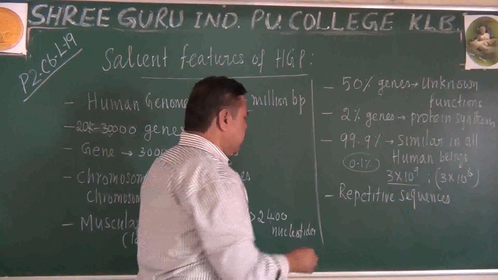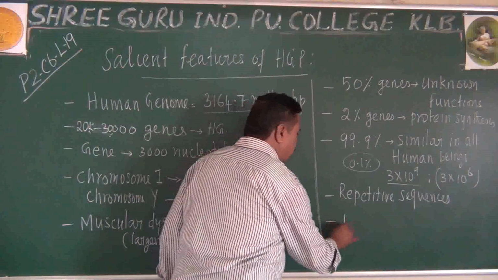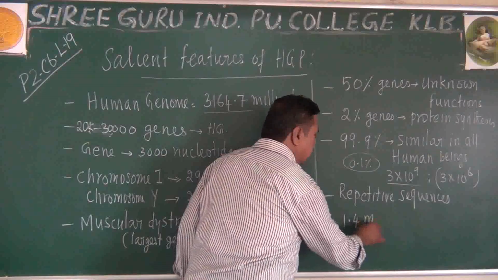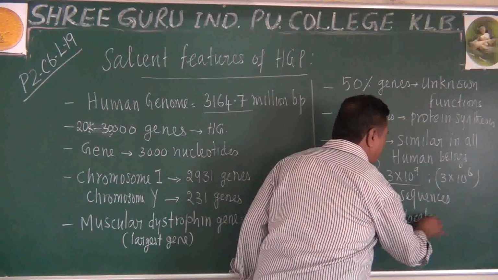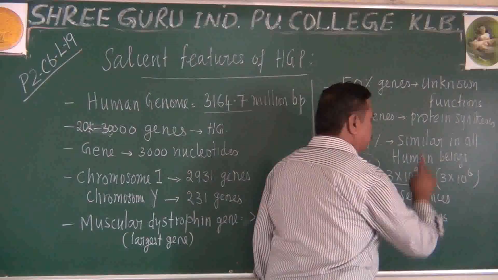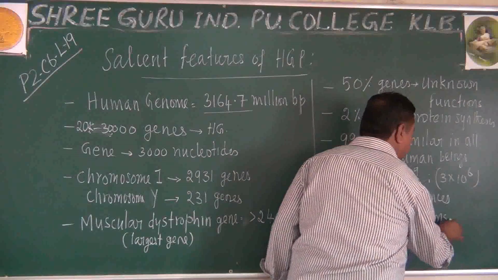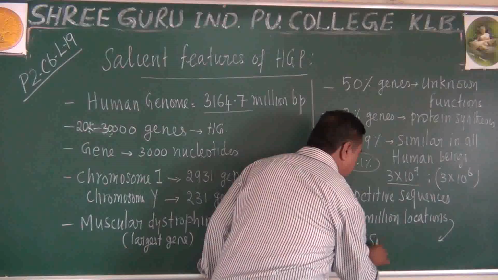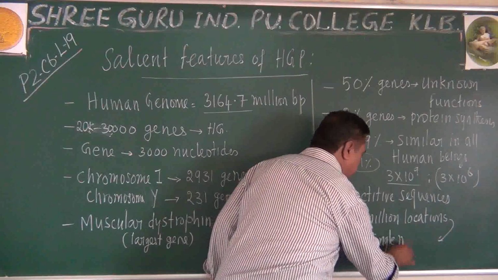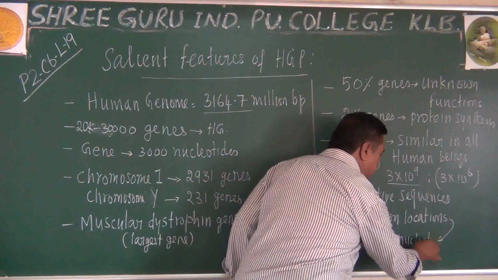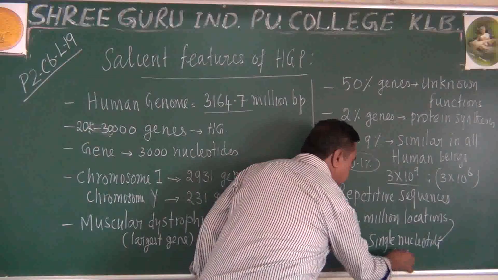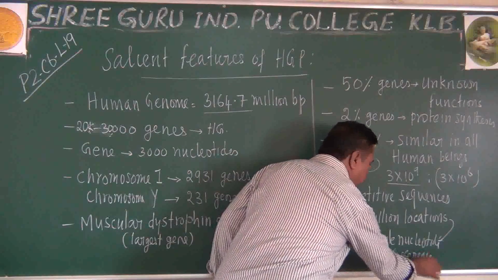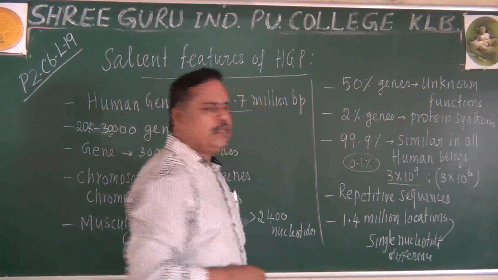Next, one point I can tell you here. In 1.4 million locations, we exhibit difference in a single nucleotide. Single nucleotide differences will be exhibited at how many places? 1.4 million locations we can see.